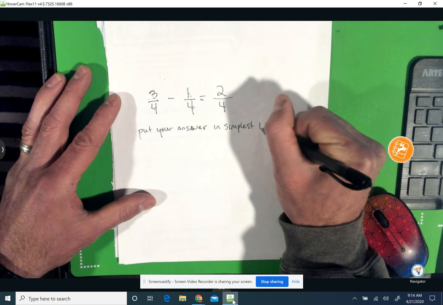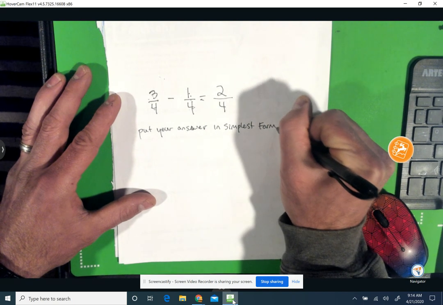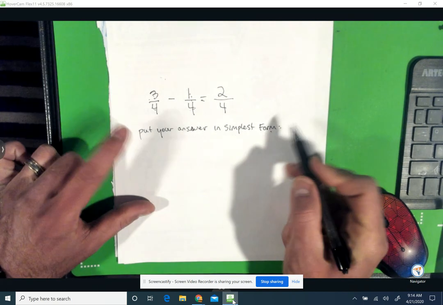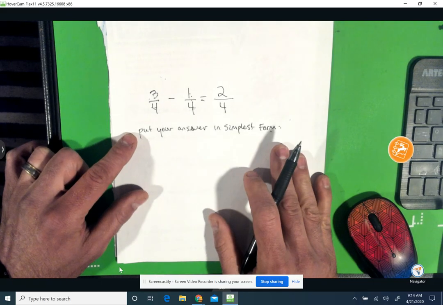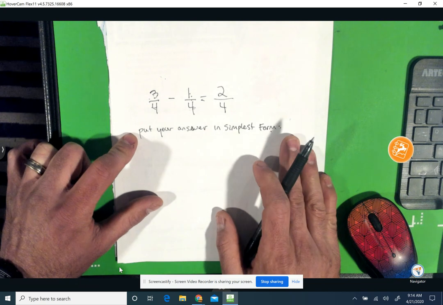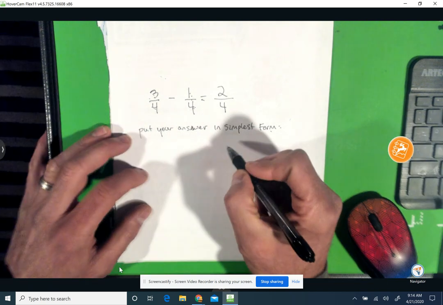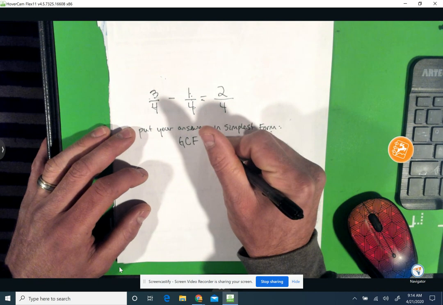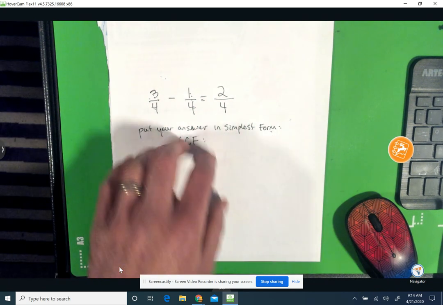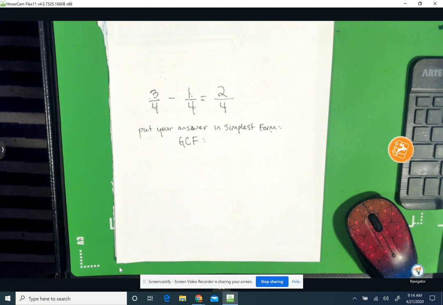This is the greatest common factor. The reason why we learn problem number 4 in Mountain Math is that the greatest common factor, G, C, and F, is so that we can put fractions that are not in simplest form into simplest form.